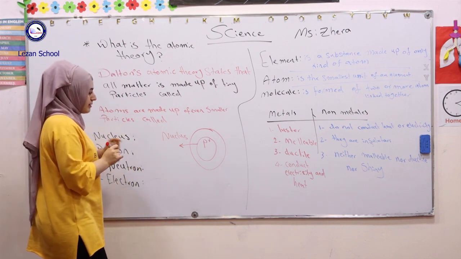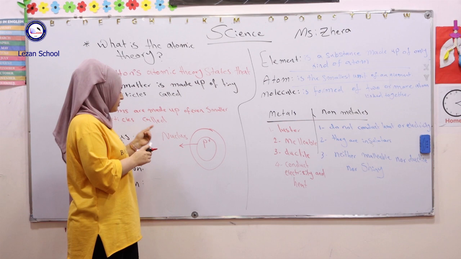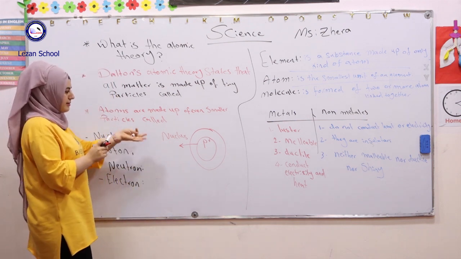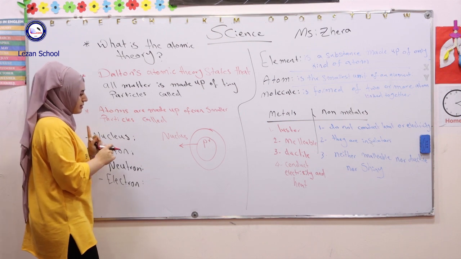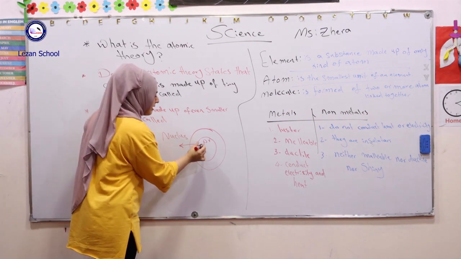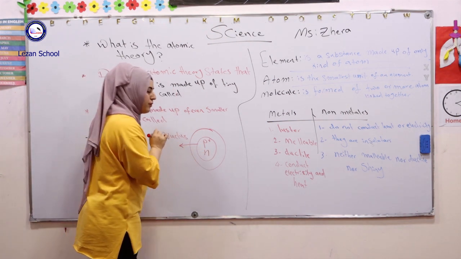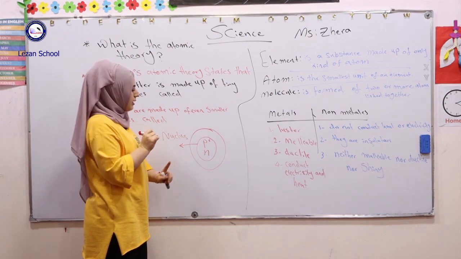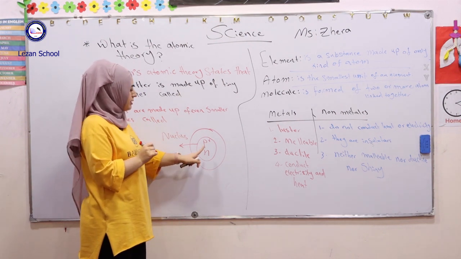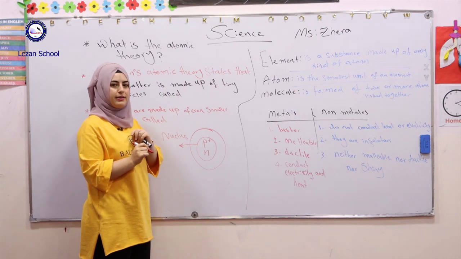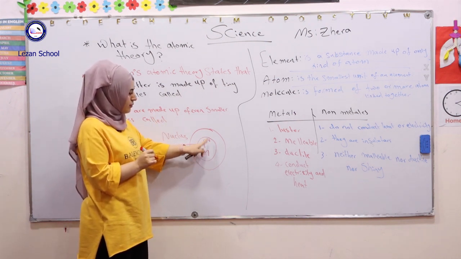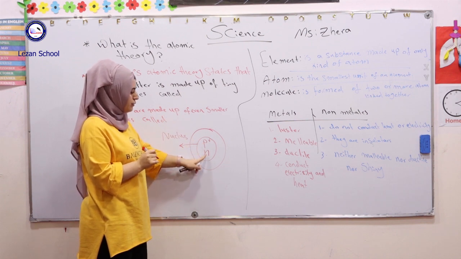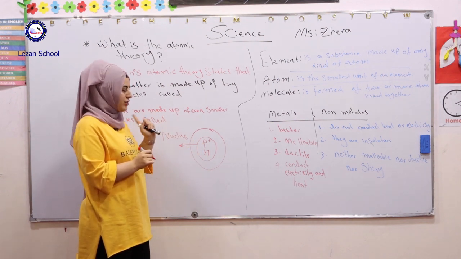Neutron is also a subatomic particle. In general, we have 3 subatomic particles in the atom. Neutrons are subatomic particles inside the nucleus, but the important thing here is that neutrons don't have any charge. It means a neutron is a subatomic particle with no charge. Only protons have a positive charge inside the nucleus, but neutrons don't have any charge.